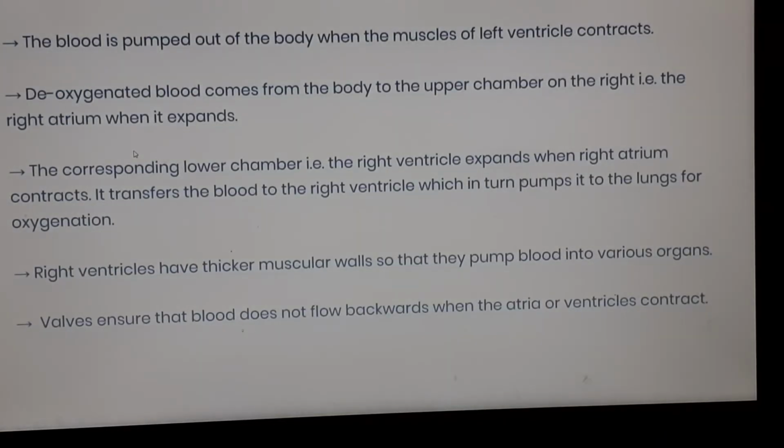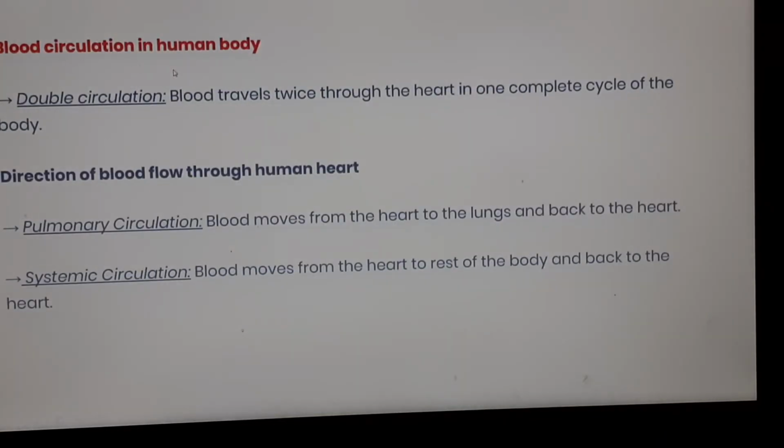Next one. See here, the blood circulation in the human body is double circulation. That means one is pulmonary circulation, the second one is systemic circulation.